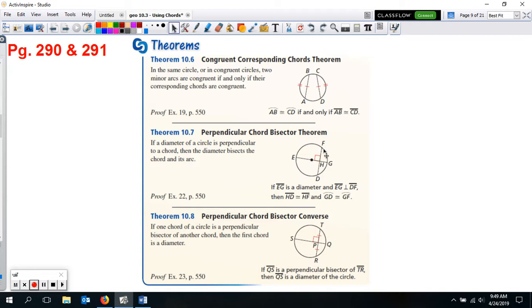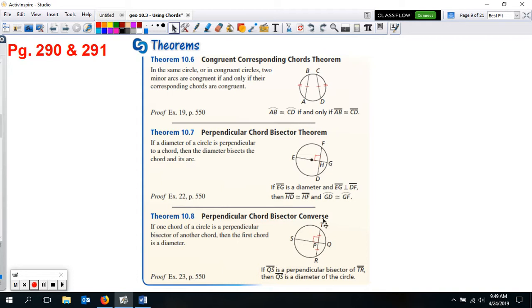Also, the arc F to G and the arc D to G will also be congruent. So it's going to bisect this chord right in the middle here at H. It's also going to bisect the arc right there in the middle at G.